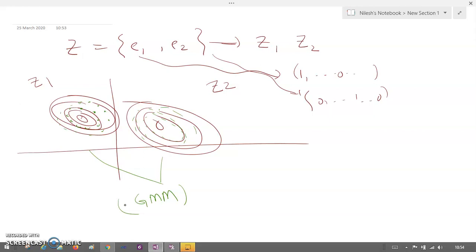We take a latent variable to represent x, and the latent variable here is z, and it belongs to a vector space ek, and from that we took only two, e1 and e2, which have 1 0 and 0 1, and by putting those numbers inside this 2D graph, we can have this z1 and z2 cluster. I hope you are getting it. So this is your Gaussian mixture modeling.